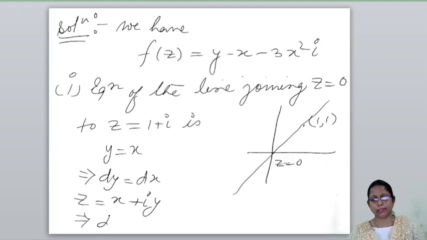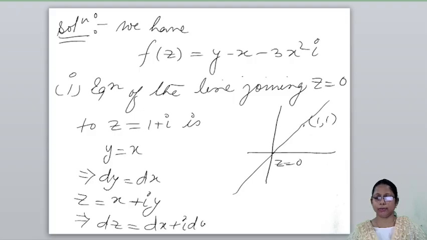This implies dz is equal to dx plus i dy.